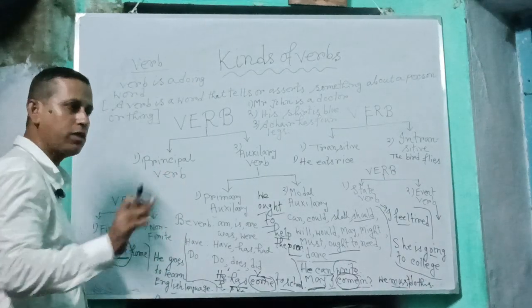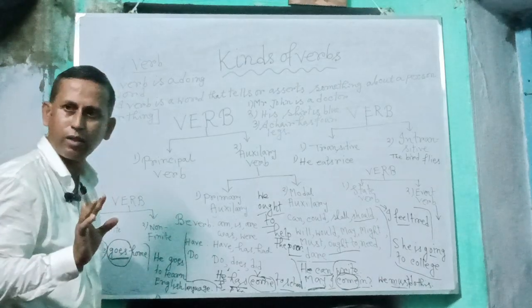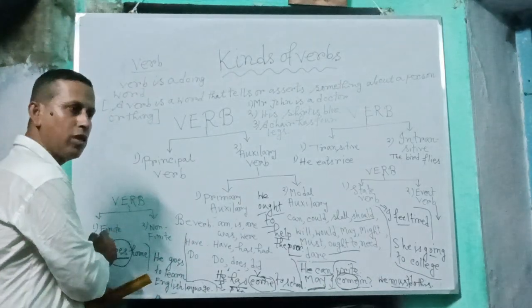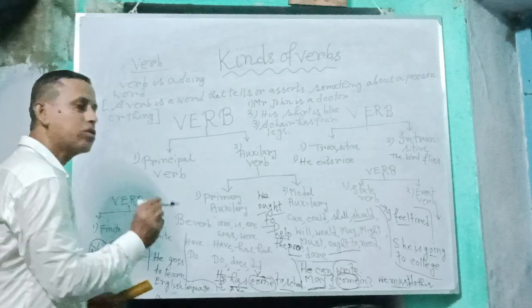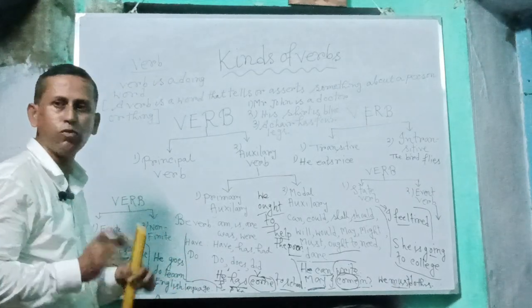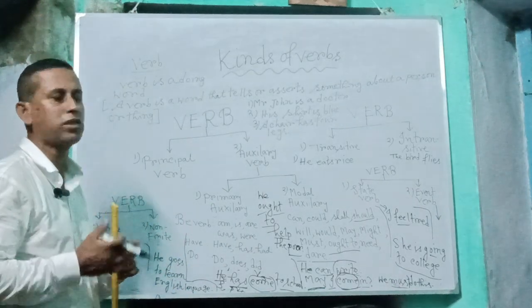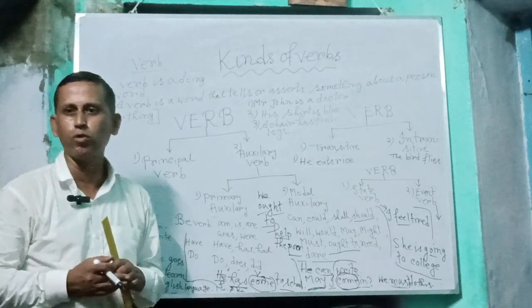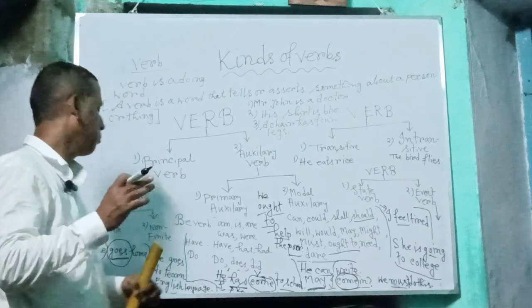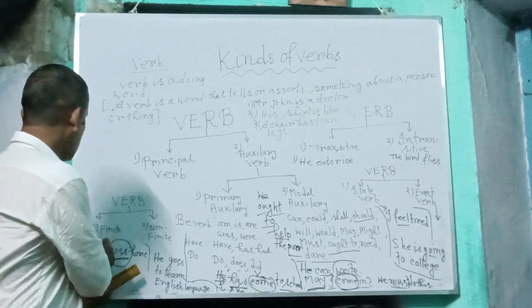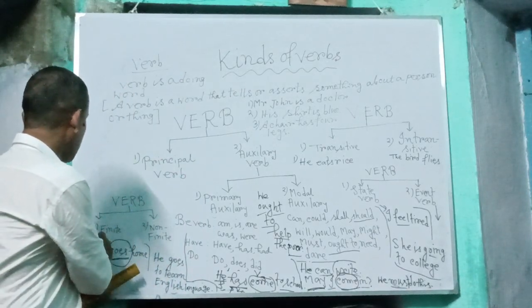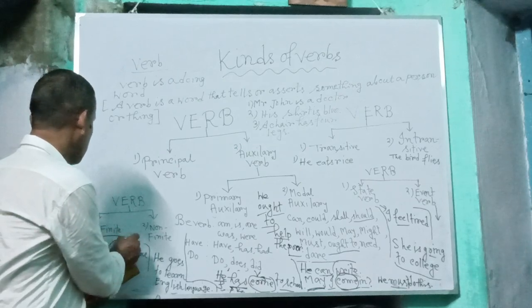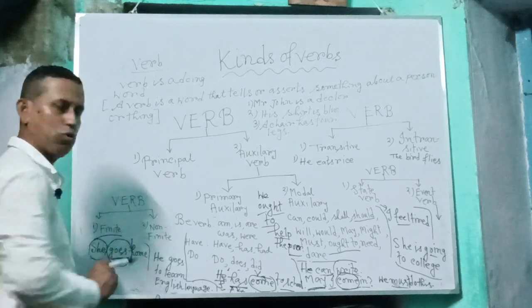So according to person and number, the person is third, the number is singular. In English grammar, we know there are two numbers. Number one is singular, number two is more than one, the plural. So here, she goes. The meaning is complete. The finite verb is goes.